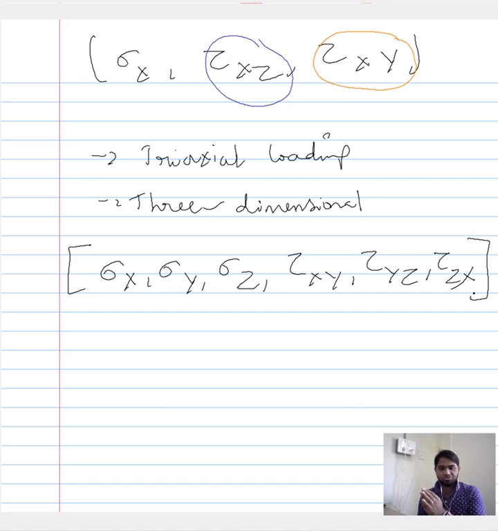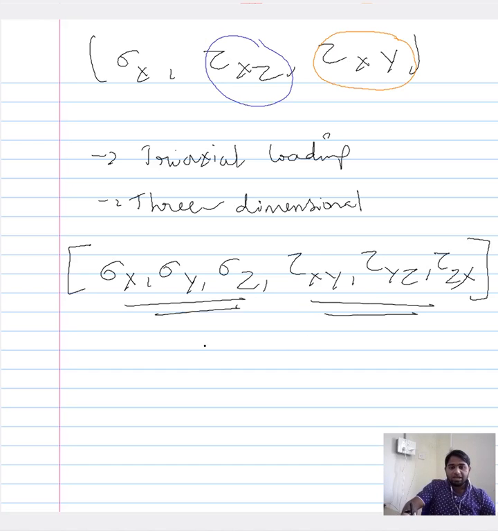Under such assumptions, we can say that the number of components required to describe the mechanical condition of a point which belongs to a three-dimensional system experiencing a triaxial loading is 6: 3 normal stress components and 3 shear stress components. So these are the 6, and again the keyword is independent components.